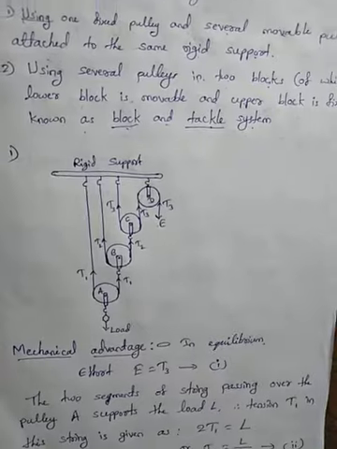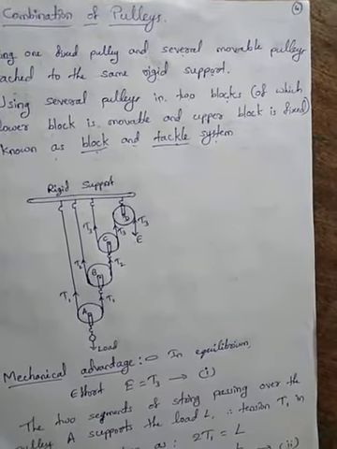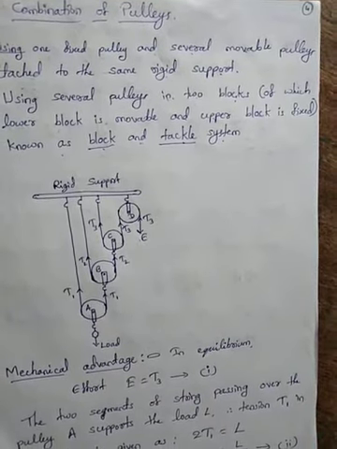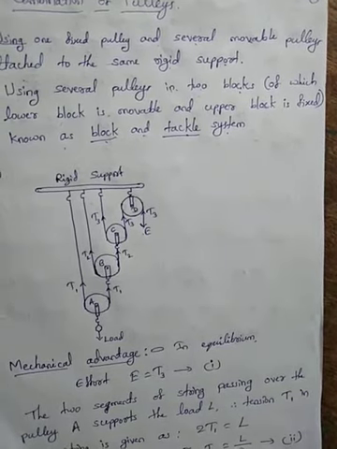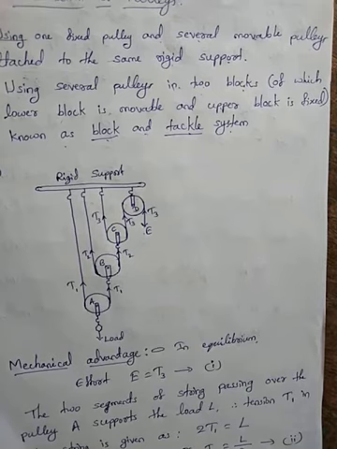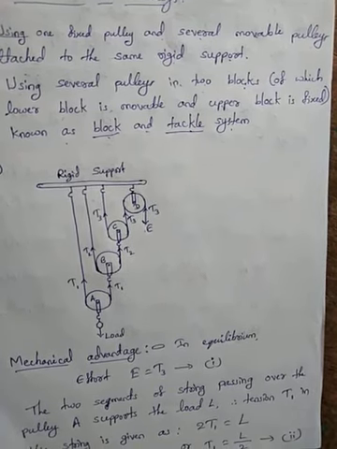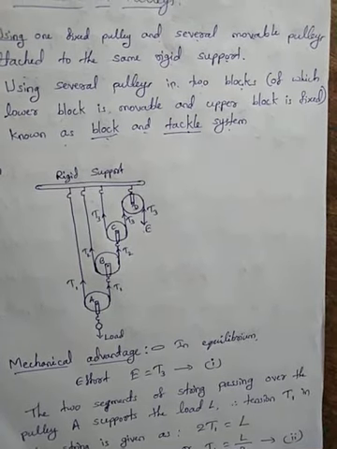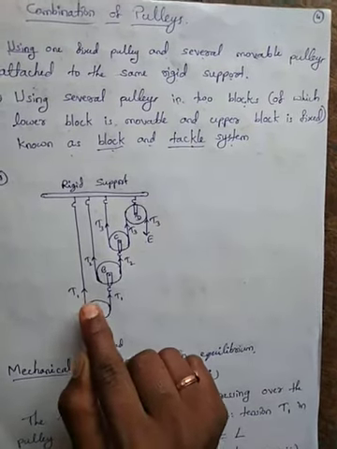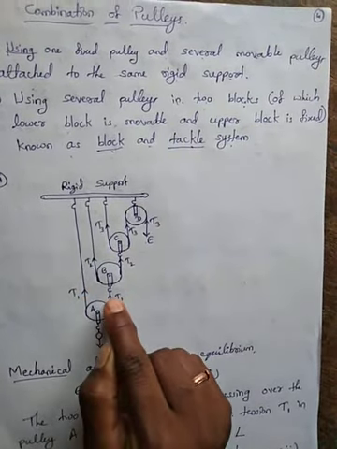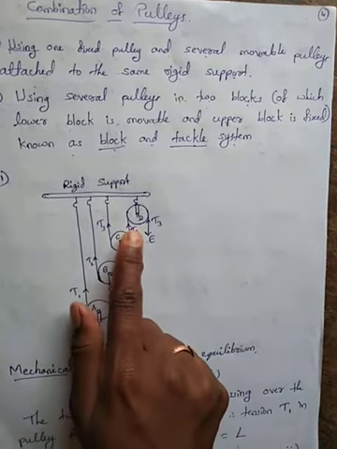D is a fixed pulley and A, B, C are movable pulleys. The tension is the same in one string, but it is different in different strings. The tensions are T1, T2, T3.